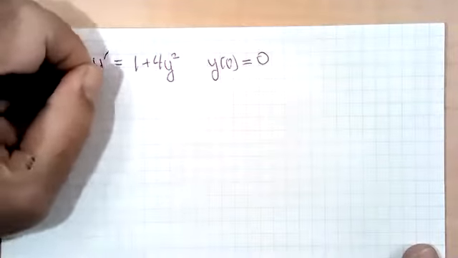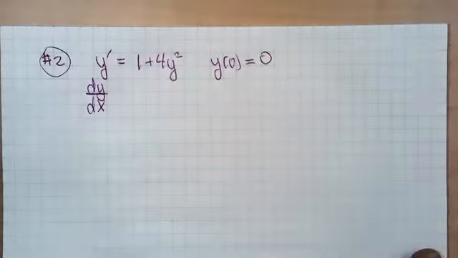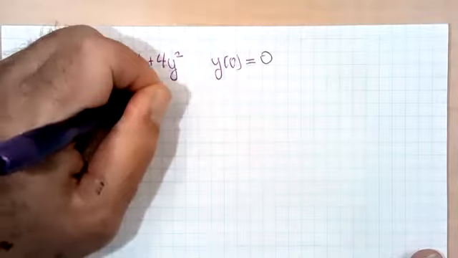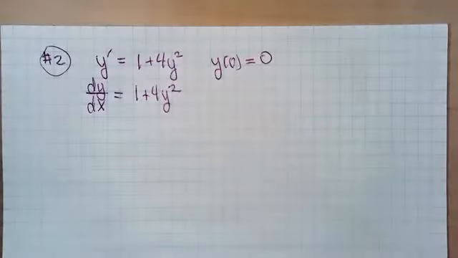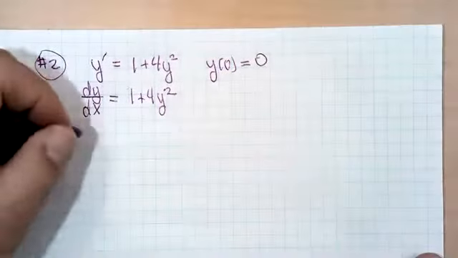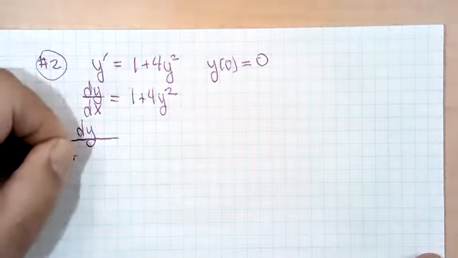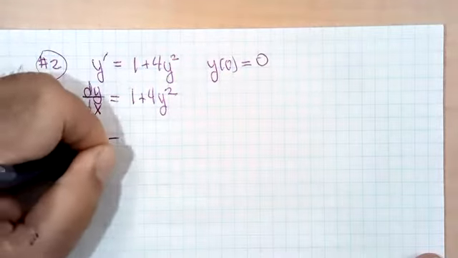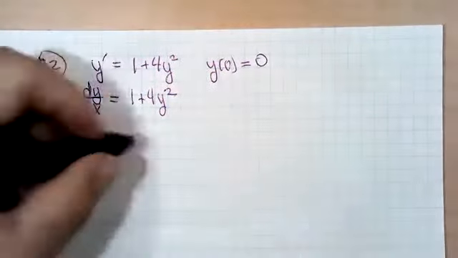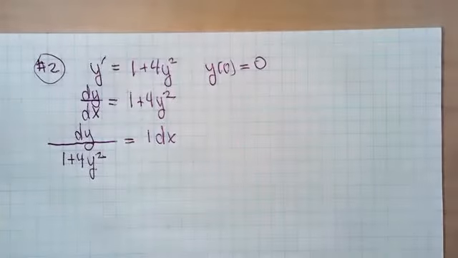Well, sure we do, because we have been writing derivatives as dy dx. And this one is not at all hard to separate. All you have to do is divide through by this, dy, divide by 1 plus 4y squared is equal to, and then we multiply through by the dx. And of course, if it helps any, it's 1 dx.